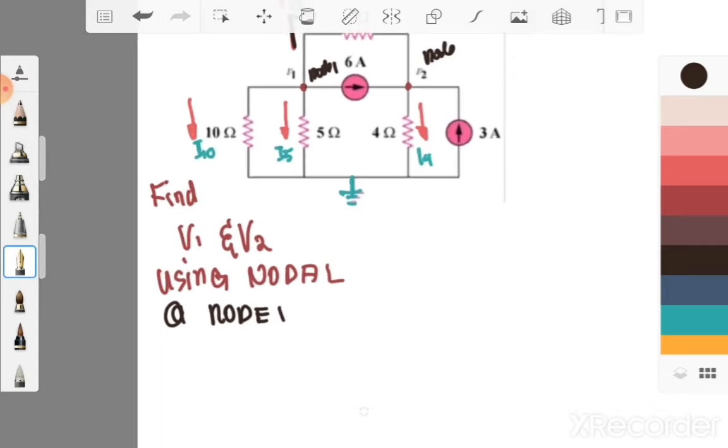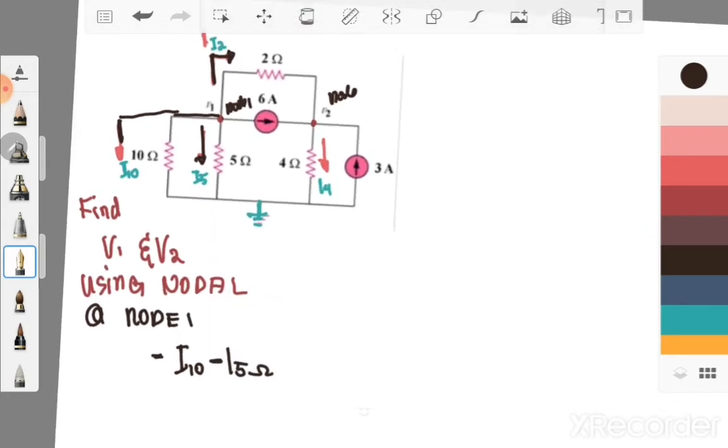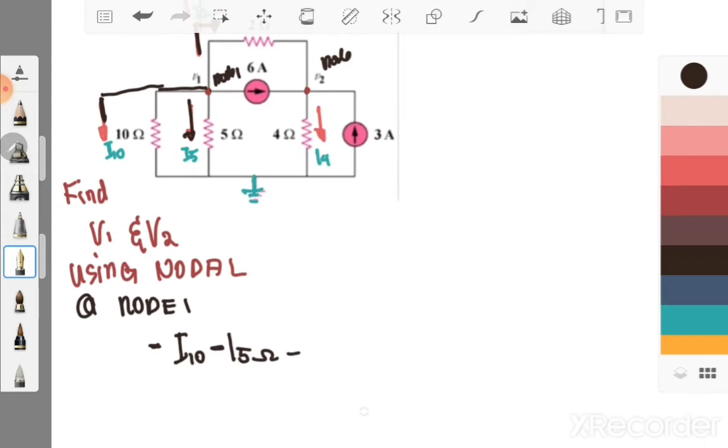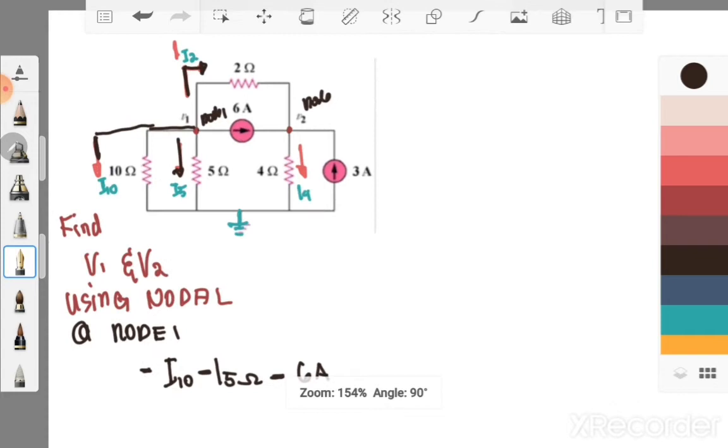Okay. At node 1, we have what are the currents entering and going out your nodes? So, we have our 10 ohms. Your 10 ohms is going out your V1. So, we have negative I10. And also, your 5 ohms is going out your node 1. Negative I5. And also, your 6 ampere is going out your node 1. Minus 6 ampere. And then, your 2 amperes is going out your node 2.